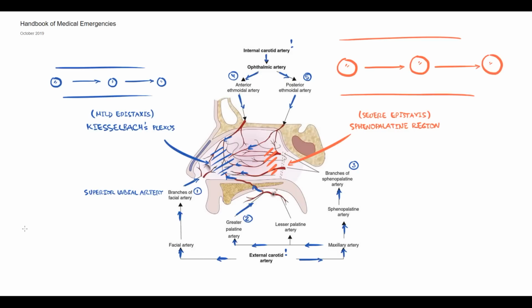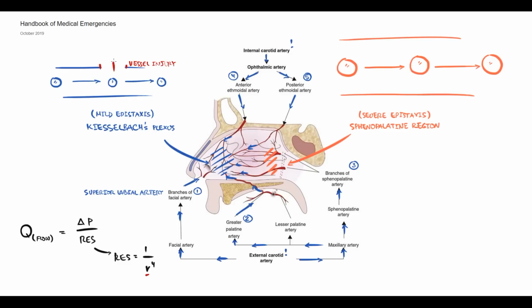From physics, recall that blood flow is equal to pressure difference divided by resistance, and resistance is inversely proportional to the radius. Obviously, with damage to a blood vessel, the blood loss will be proportional to the blood flow.